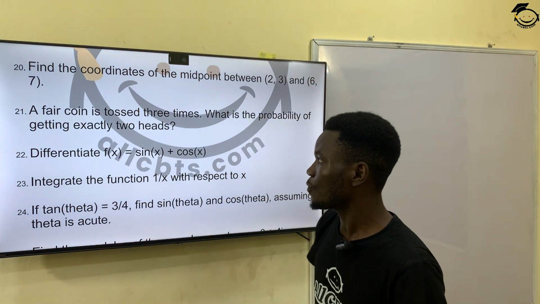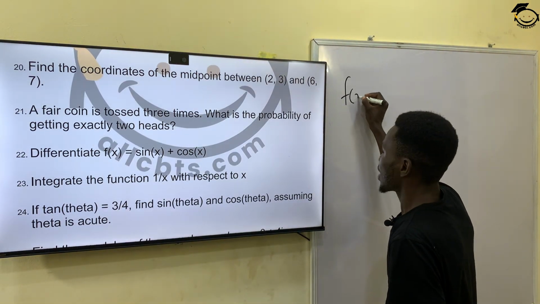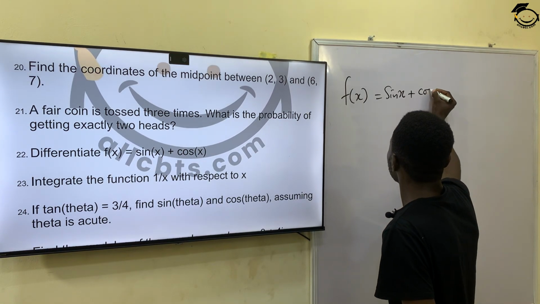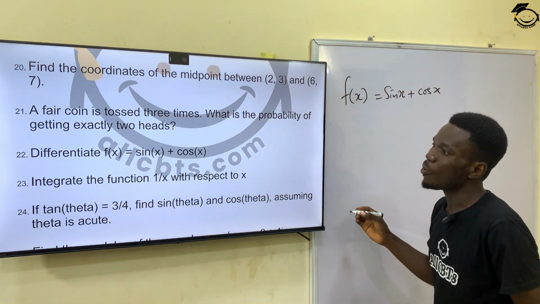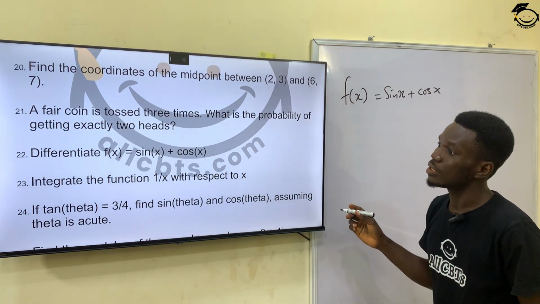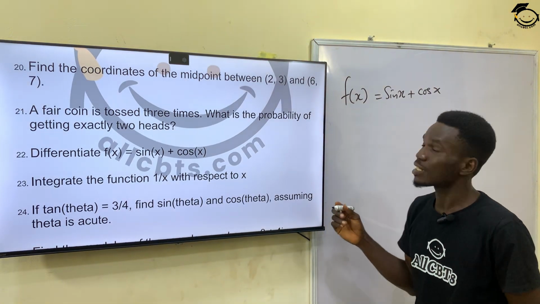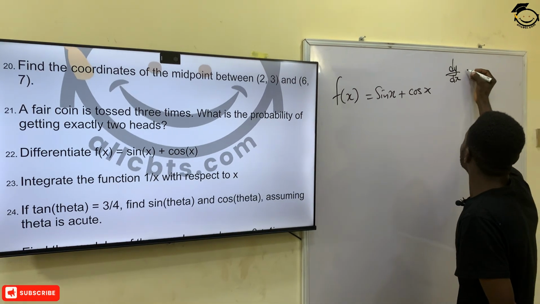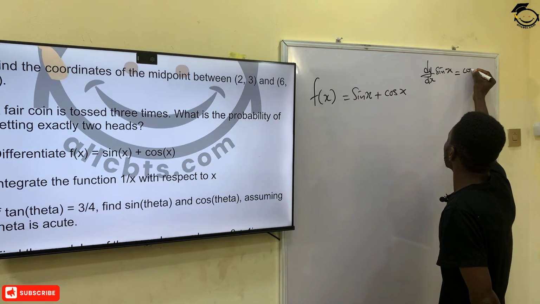It says differentiate f of x. So we have our f of x to be equal to sine x plus cos x. Now we are asked to differentiate this. Please note that whenever you differentiate sine x, or sine of any variable, it will always give you cos x.